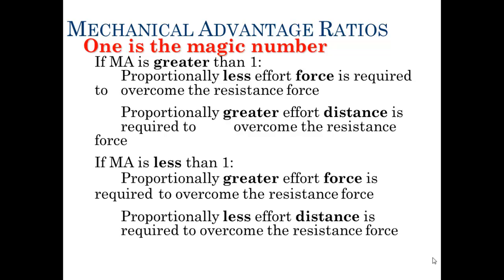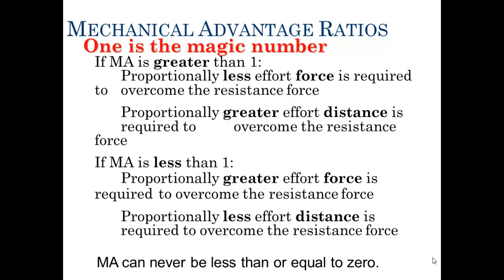If it's less than 1, you need a greater effort force, and it is a shorter effort distance, okay? So the mechanical advantage can never be less than or equal to 0. You should never get a negative number. You should never get a 0. All right?